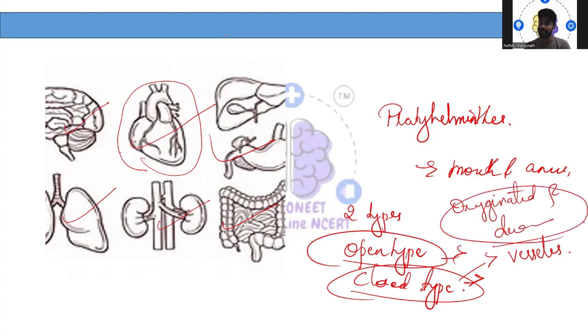Each and every cell, tissue and organ gets oxygenated blood and gives out deoxygenated blood, and it is circulated through the entire body through specific vessels which vary in diameter, such as arteries, veins, and capillaries.